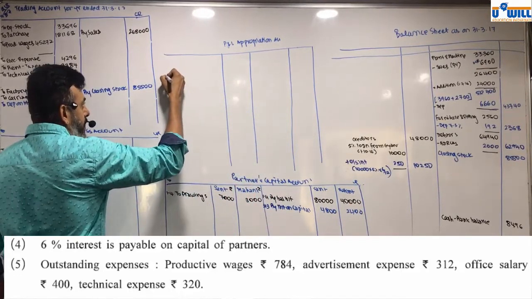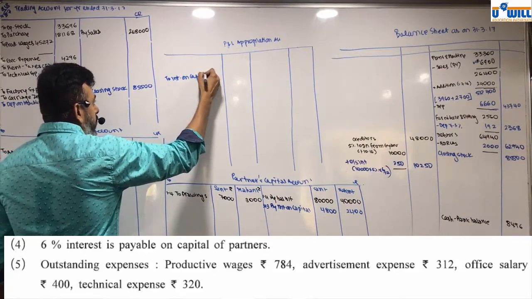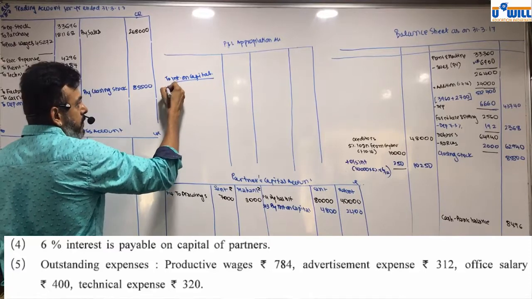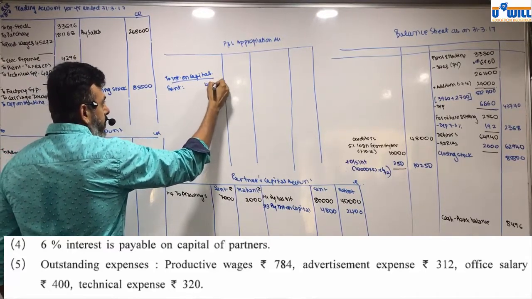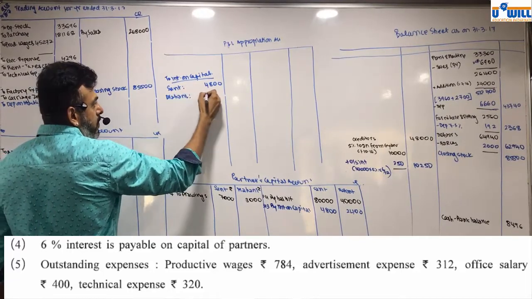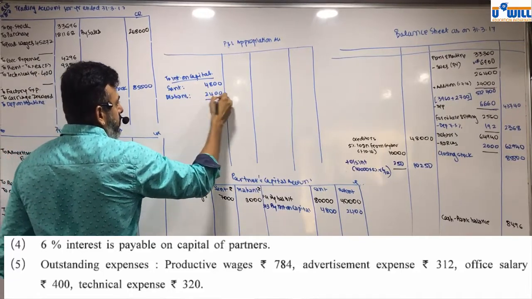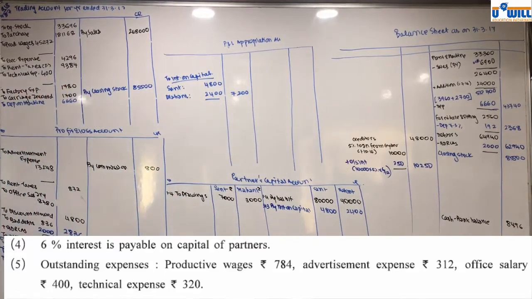Transfer to P&L appropriation. First two lines blank. To interest on capital. Sum 4,800 and Mahant 2,400. 7,200. Outstanding. Can you do it on your own?